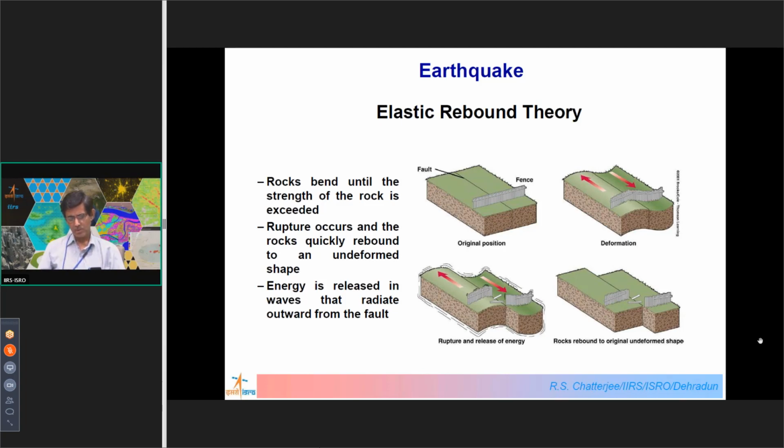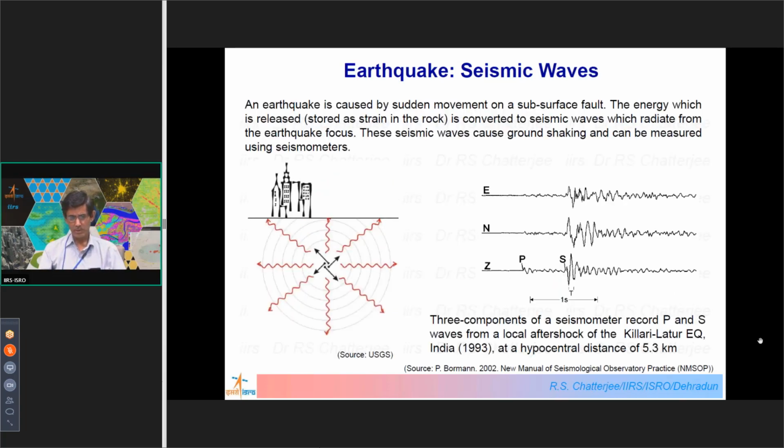So this is basically dextral strike slip faulting. After the earthquake occurs, immediately you can see on the right bottom that the rocks rebound to the original undeformed shape, and then again the rocks are subjected to stress, and as the rocks get stressed, the strain will again be accumulated and the cycle will continue. This is how the elastic rebound theory explains the earthquake and the stress strain deformation cycle.